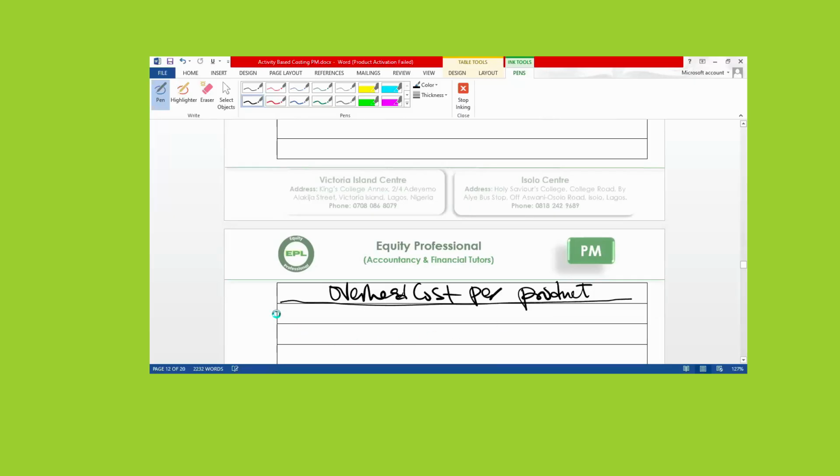Your products: you have alpha, you have beta, and you have gamma.